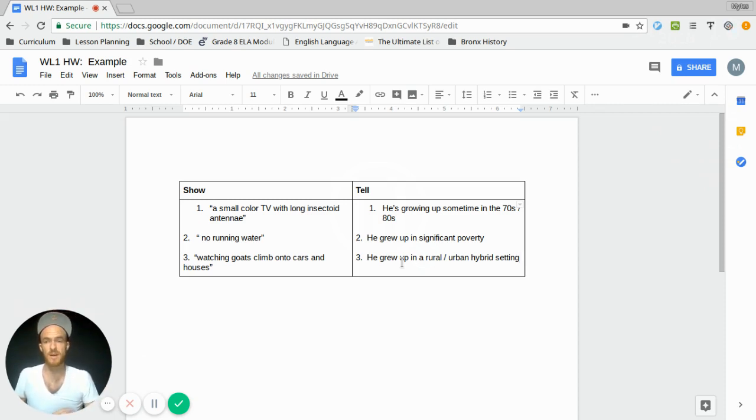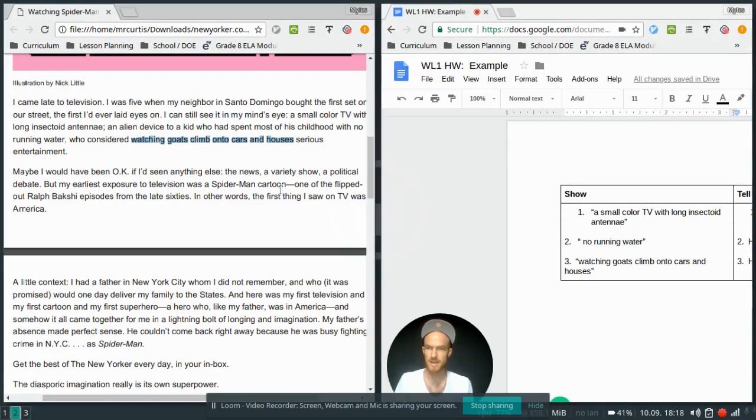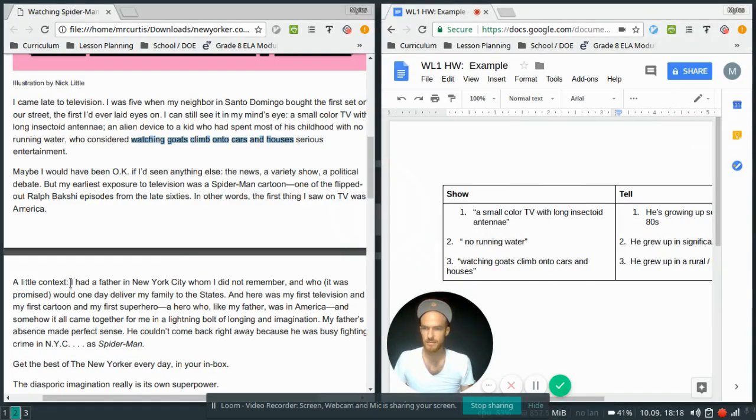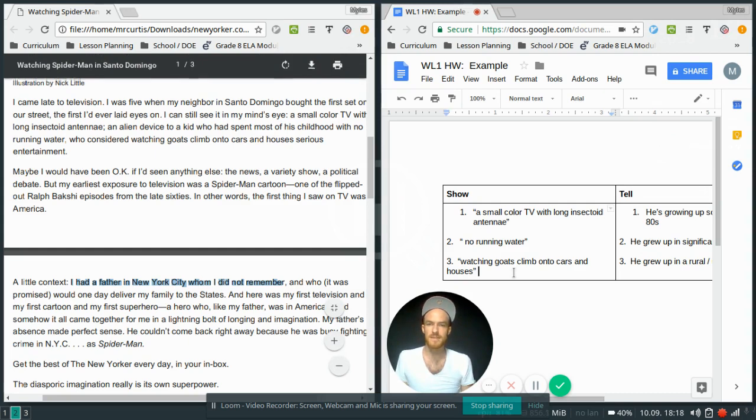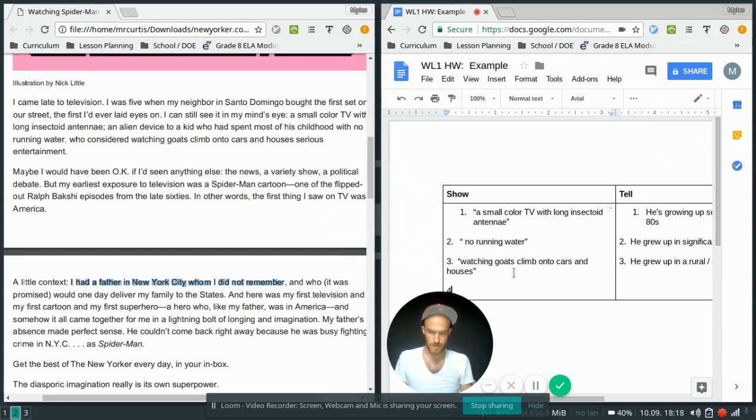The one way you can do this wrong is by showing something that is just him explicitly telling you stuff. I'll give you an example. Going back down, in the third paragraph he says, I had a father in New York City whom I do not remember.